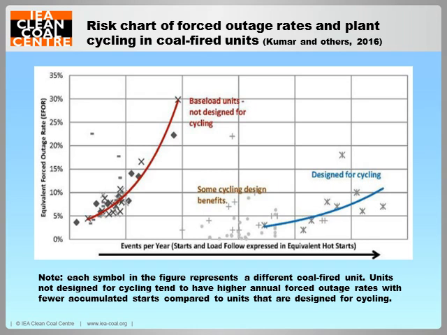The equivalent forced outage rate is the terminology used to express the hours of unit failure, that is, the unplanned outage hours and equivalent unplanned derated hours, given as a percentage of the total hours of availability of the unit. The lower the equivalent forced outage rate, the better the performance of the unit. The equivalent forced outage rate is also considered a measure of a plant's unreliability.